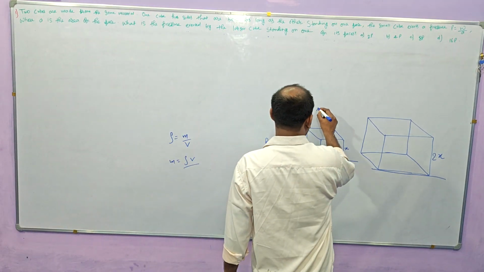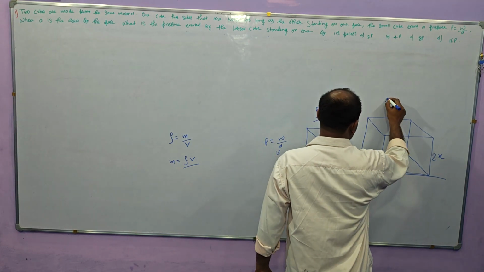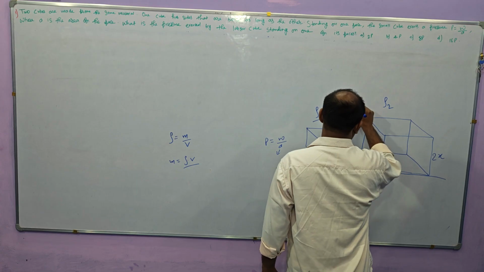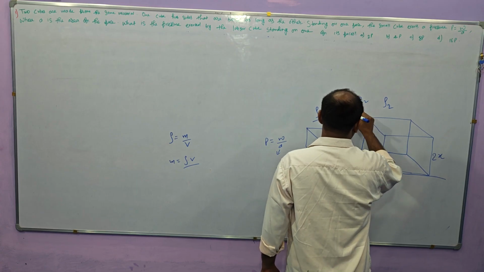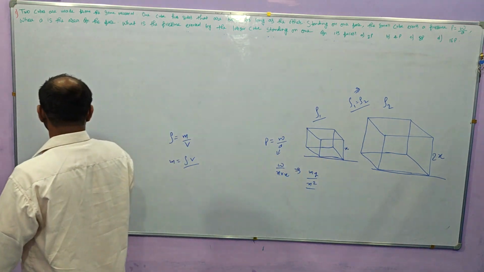That means they have the same density. Suppose one has density rho 1 and the other has density rho 2, then rho 1 is equal to rho 2, because they are the same material.